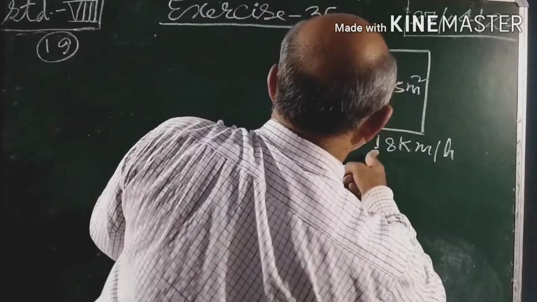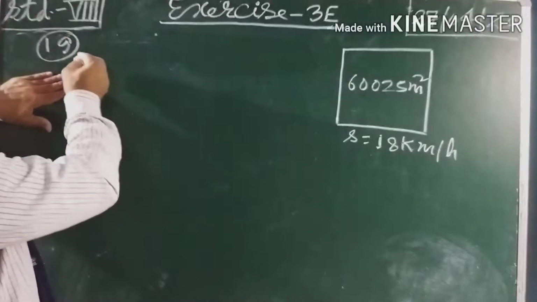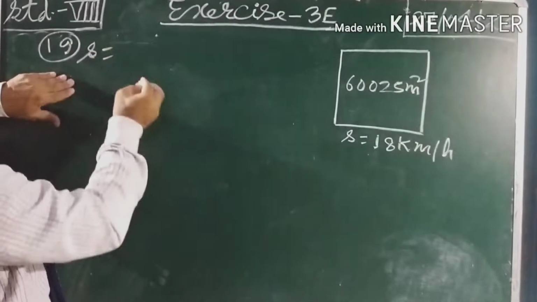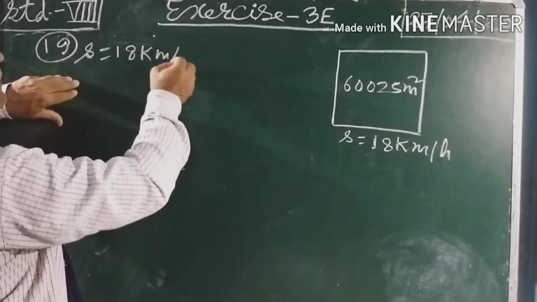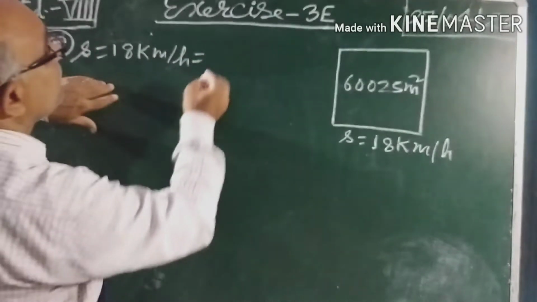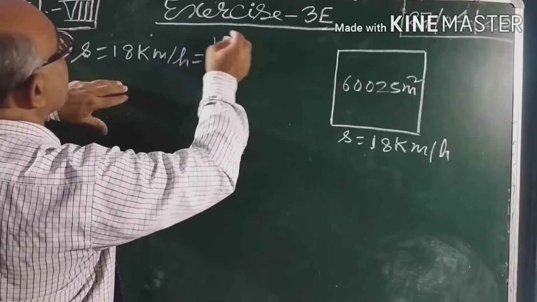So first of all, change the speed 18 kilometer per hour into meter per second.